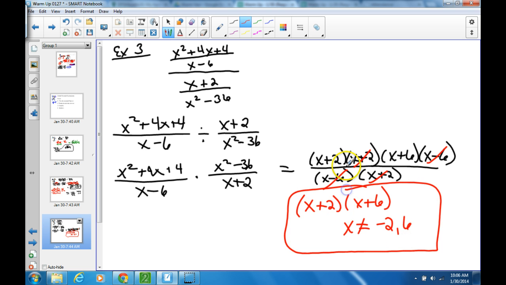All right? No, right here. I'm looking at these ones right here. It can be a negative 2 here, and this one would be a positive 6. So I'm only looking at the denominator right here before I cancel them out. Okay, so x minus 6, that would be 6 minus 6 to make a 0, right?